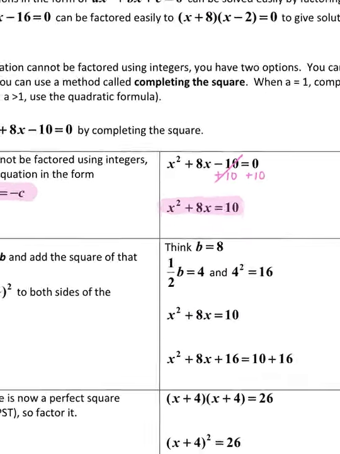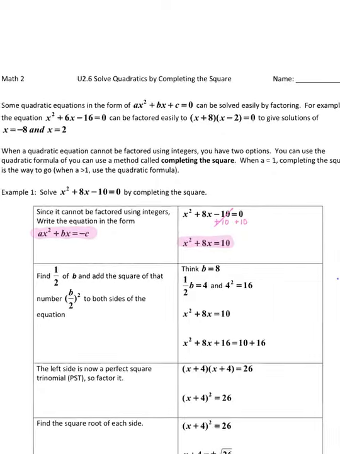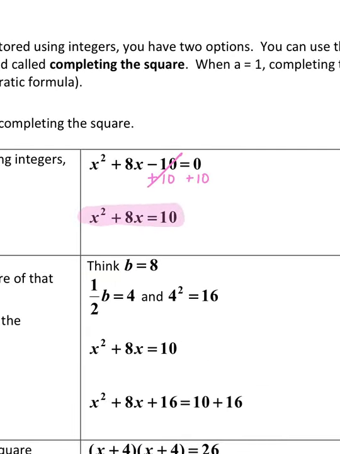Now, remember this is in the form ax squared plus bx equals c, and our a in this case is a 1, because there's nothing before x. Our b is 8 and our c is 10.